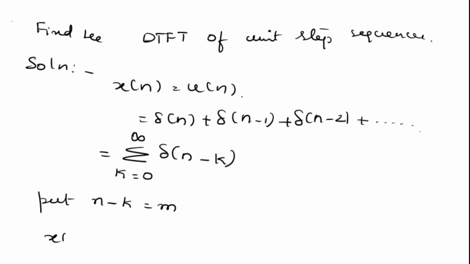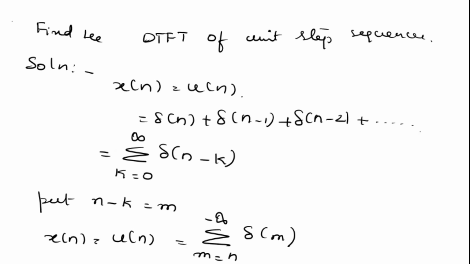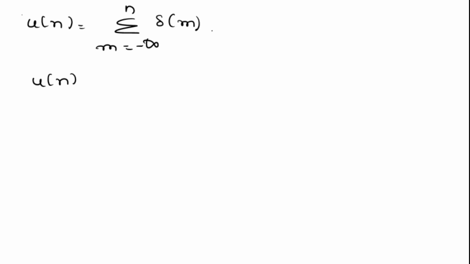Then x of n is equal to u of n, which is equal to summation m is equal to n to minus infinity delta of m. Or u of n is equal to summation m is equal to minus infinity to n delta of m. Since m is a dummy variable, we can write u of n is equal to summation k is equal to minus infinity to n delta of k.